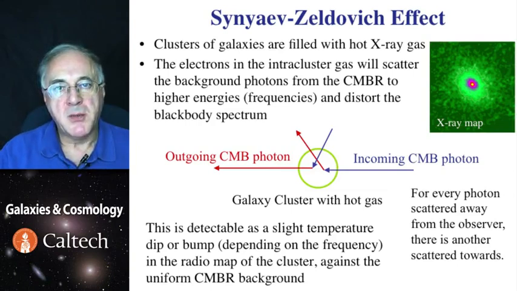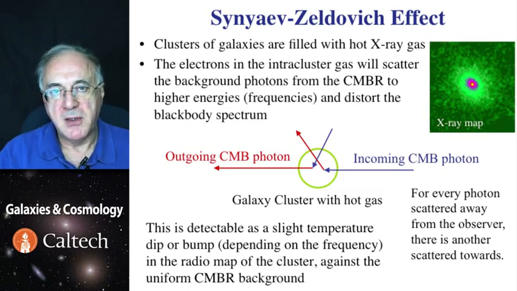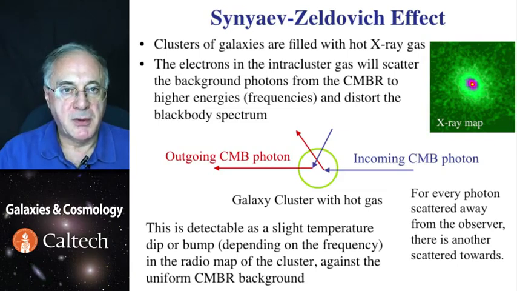Now we're looking at the cosmic microwave background behind the cluster. The photons of the microwave background will come through, and some of them will scatter off these hot energetic electrons. In the case of forward scattering, this will generally result in an increased energy of the photon. The energy has been gained from the electrons in the cluster. Of course, there is an equal amount going out on the other side.